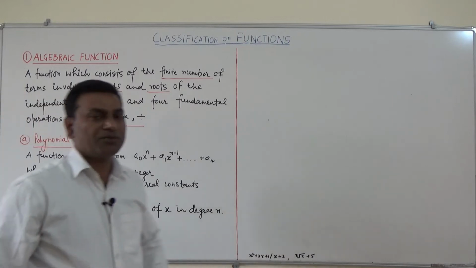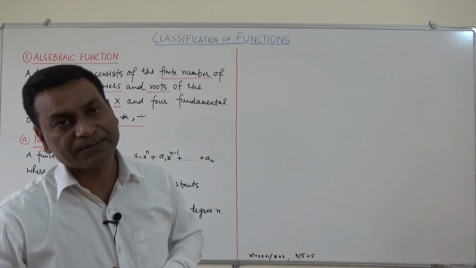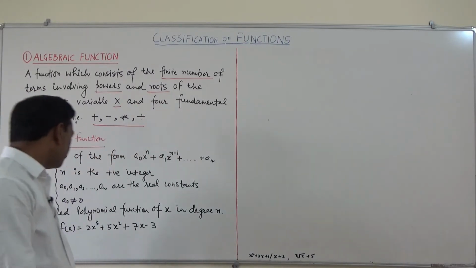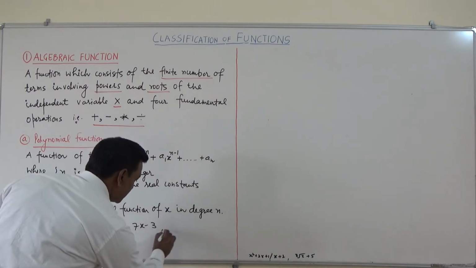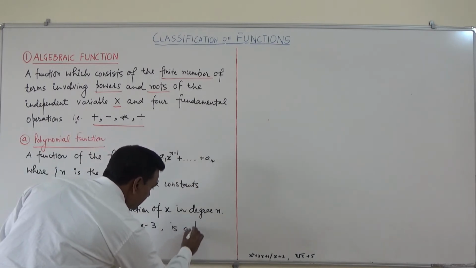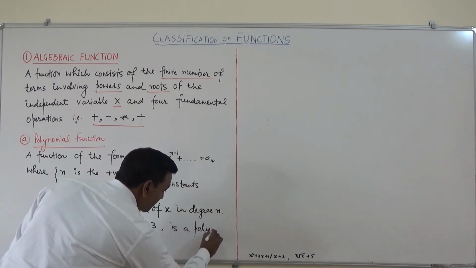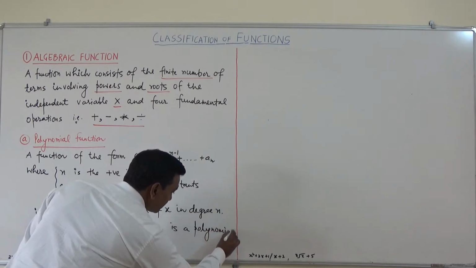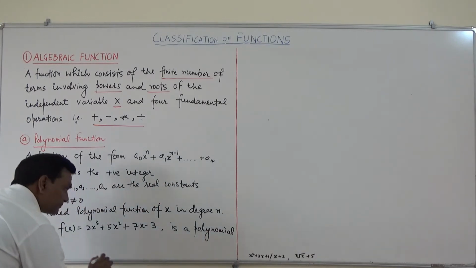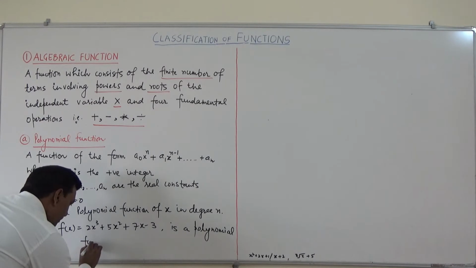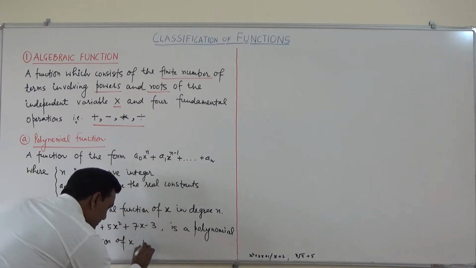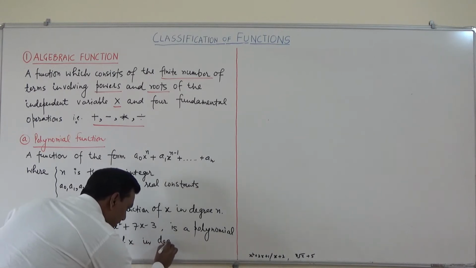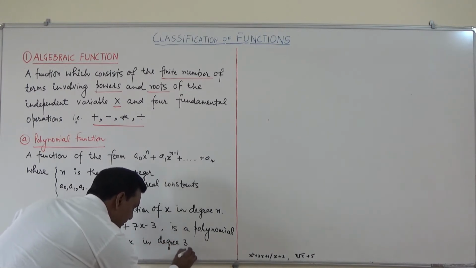So this is a polynomial function of x in degree 3. So its degree is 3. So we can say this is a polynomial function of x in degree 3.